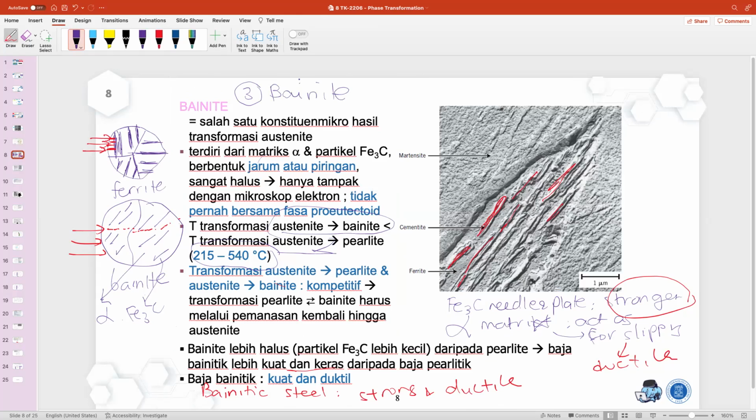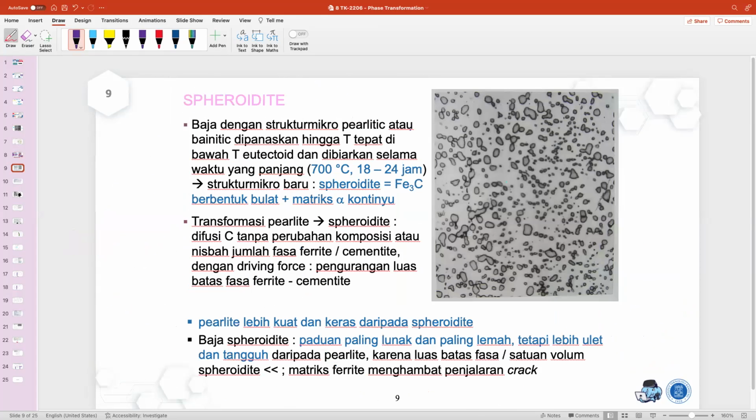Now the fourth one, we can have a look at on the next slide. We also learn about spheroidite. The fourth one is called spheroidite.